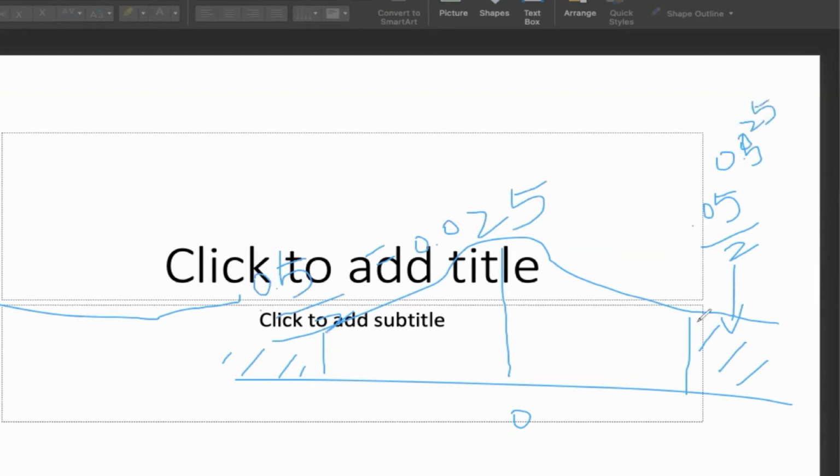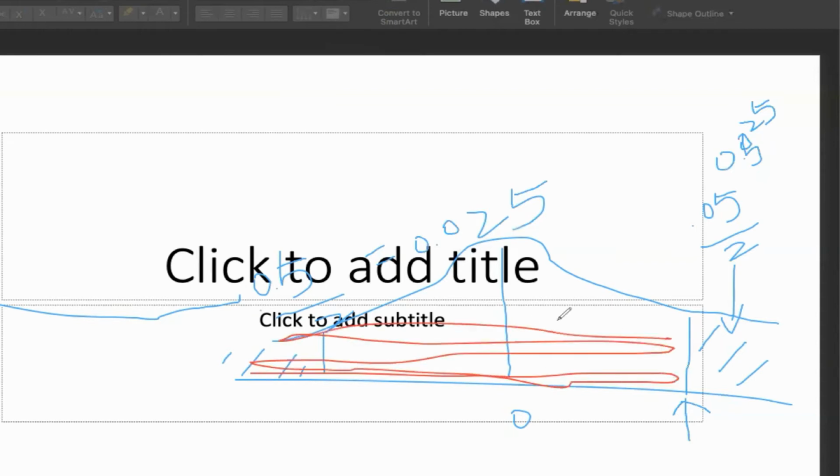To find this number, we have to look up either the Z table or use Excel. From here to there, if you're looking at only this area, what is the Z value? That's what we are looking at.